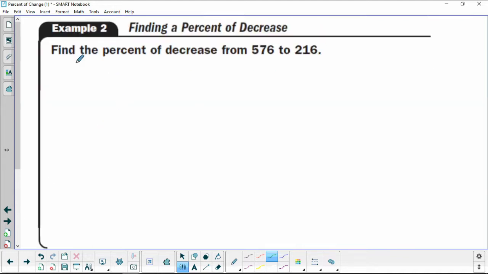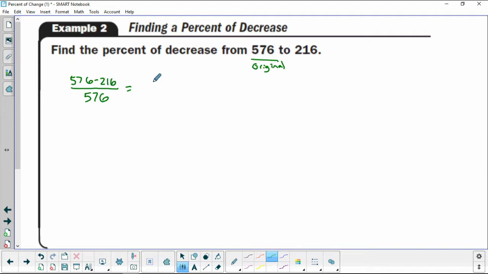Okay, we're going to look at a percent decrease. This one doesn't have a word problem. It says it's a decrease. Something went from 576 to 216. So no matter what, the original amount is always the denominator, 576. And then we find the difference, always the biggest minus the smallest.